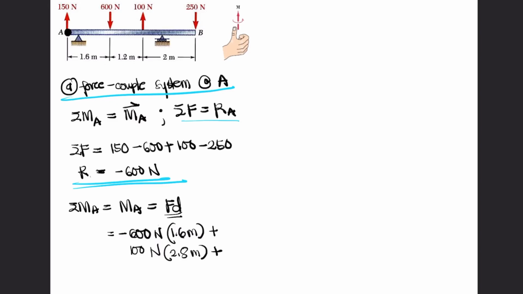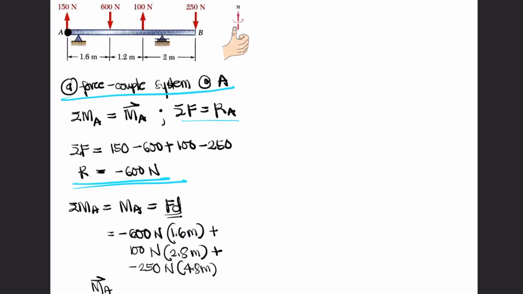Plus the last force rotating at A. Again, your thumb will point towards A, so negative 250 newtons times 4.8 meters.